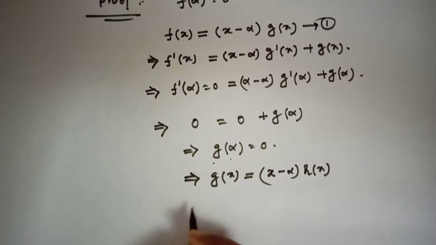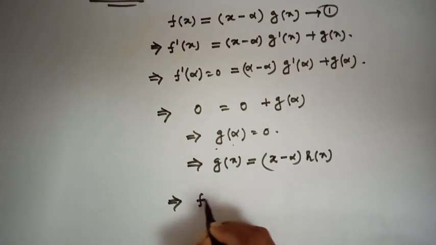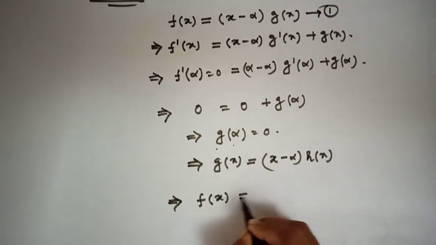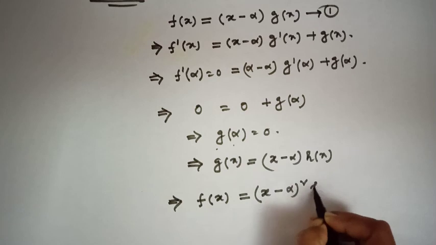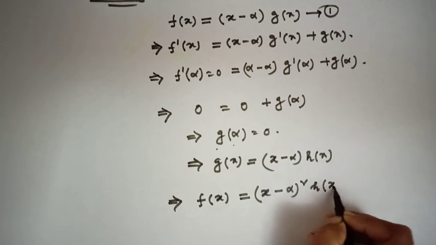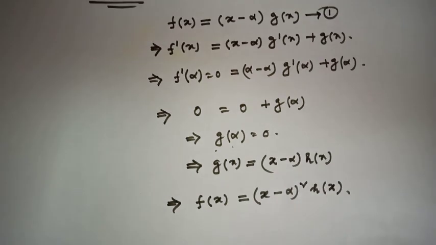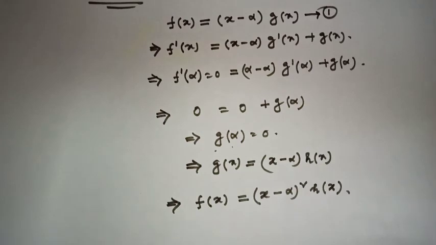Then by putting we get f(x) equals (x minus alpha) squared times h(x). Okay, and this is the proof.